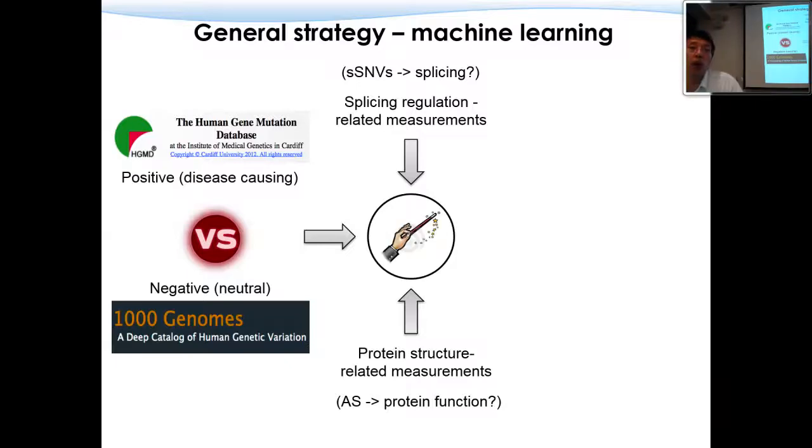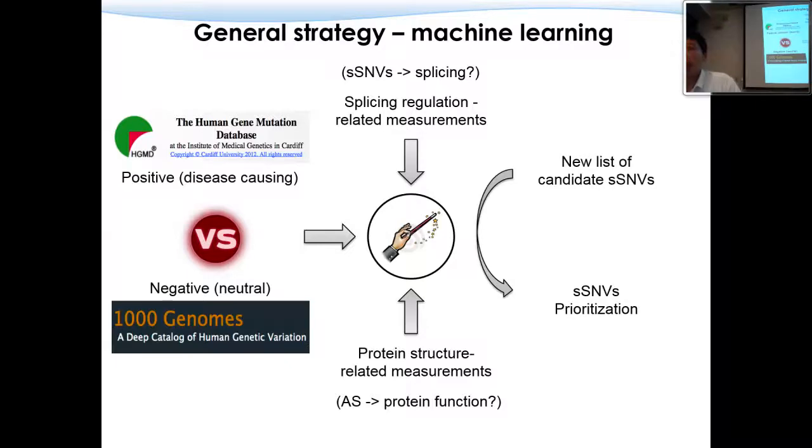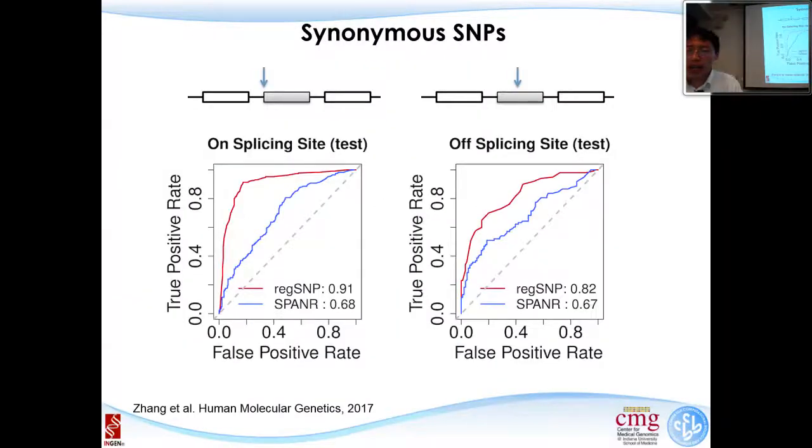After doing that, we turn this into a tool, and if we have a new list of synonymous SNPs, we can see the likelihood that they are associated with certain diseases. That's the way that we do it. And I have to show off some of our results.